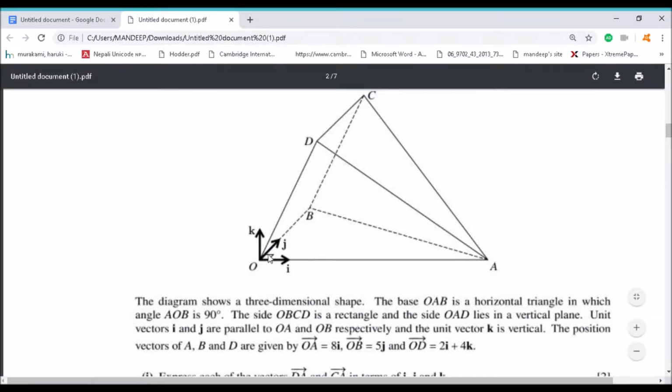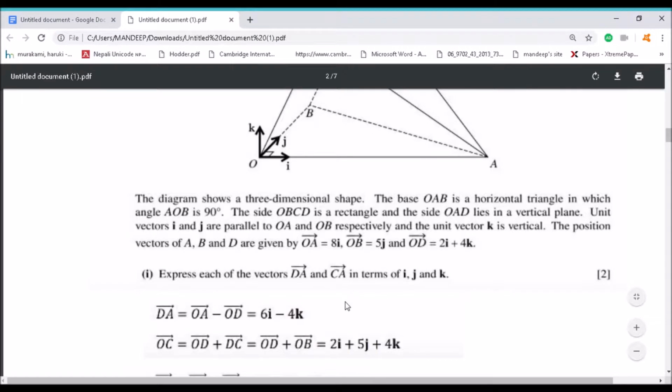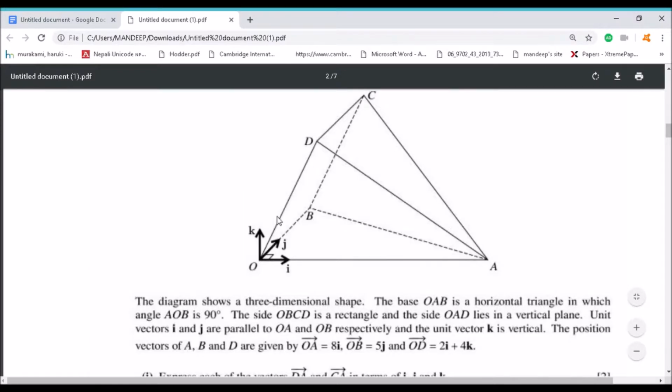CA is going to be CO plus OA, right? So we don't have the value of CO, so first we find the value of OC. OC is going to be OD plus DC.